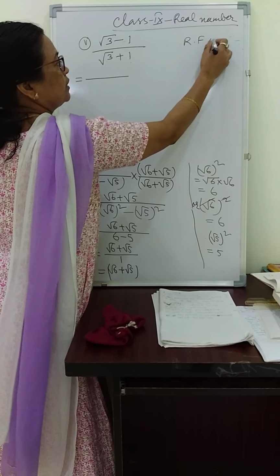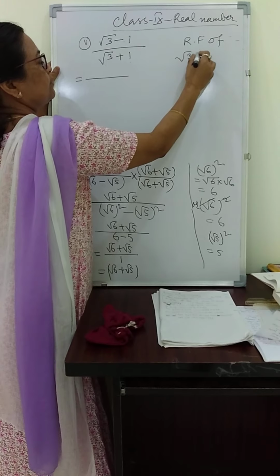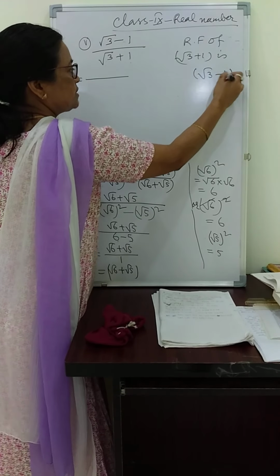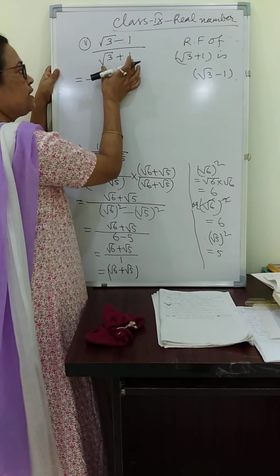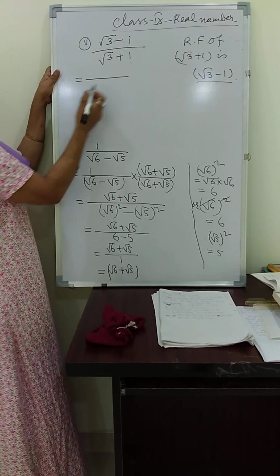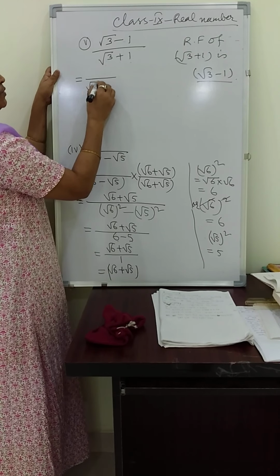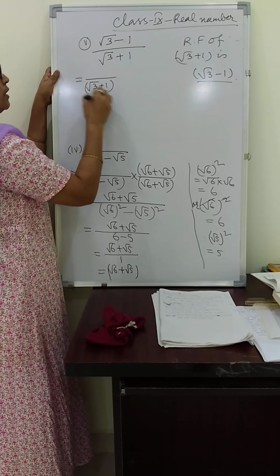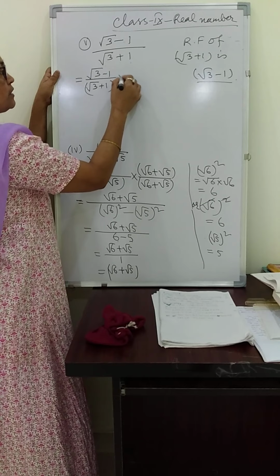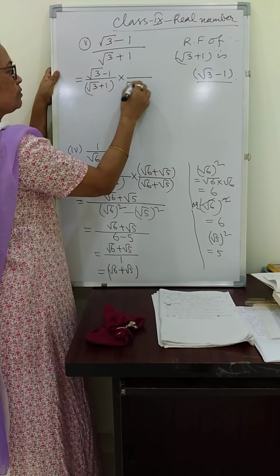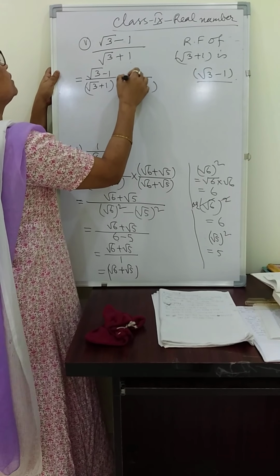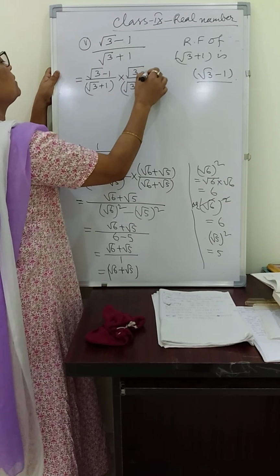The RF of root over 3 plus 1 is root over 3 minus 1. So we have to multiply this denominator by root over 3 minus 1. So let us write root over 3 plus 1, then what is given already, write down the question, then multiplied by root over 3 minus 1. Then similarly here also you write root over 3 minus 1.